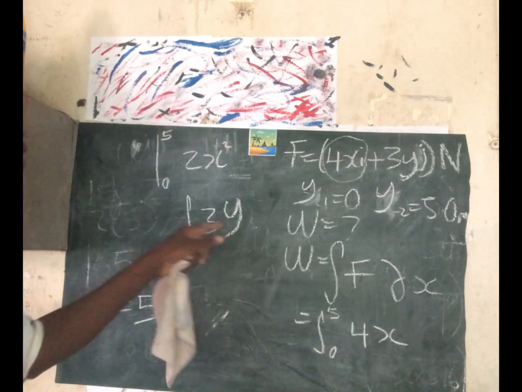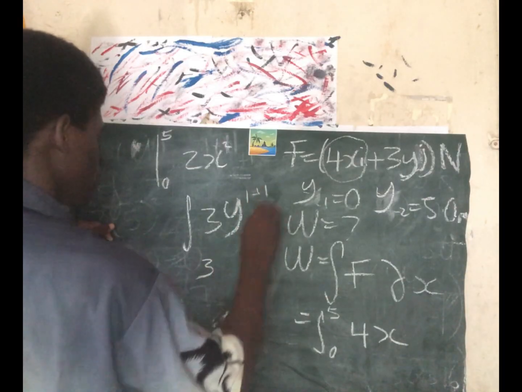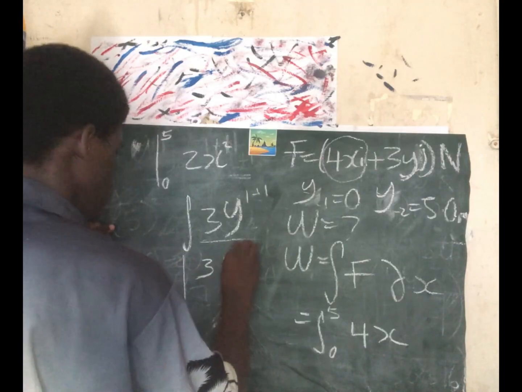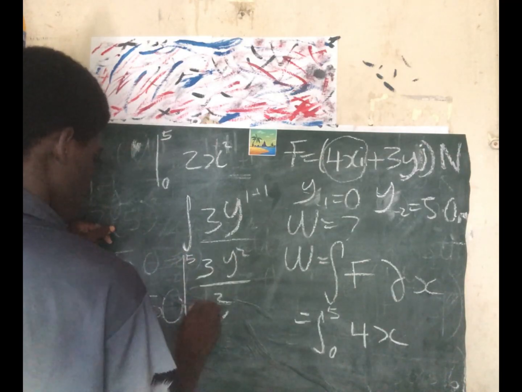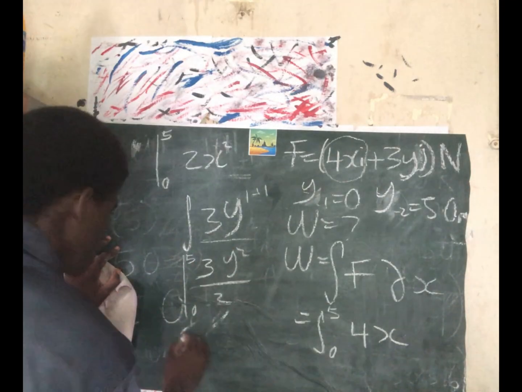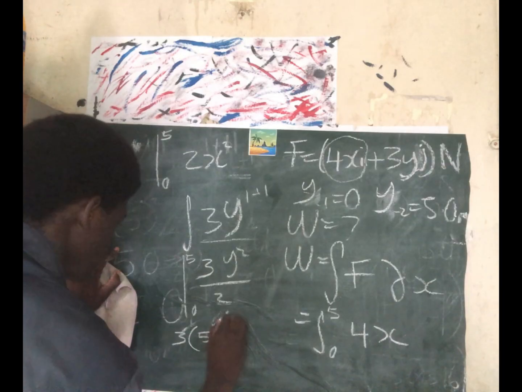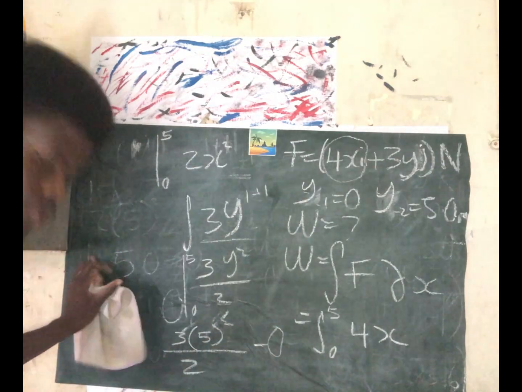We just integrate 3y. That gives 1 plus 1 over 1 plus 1, which will give us 3y squared over 2. Then final minus initial, then we just input our values. That will be 3 bracket 5 squared over 2, then minus 0, since everything is going to be 0.